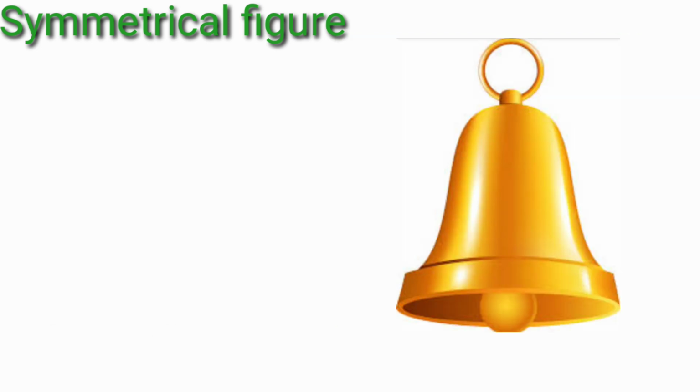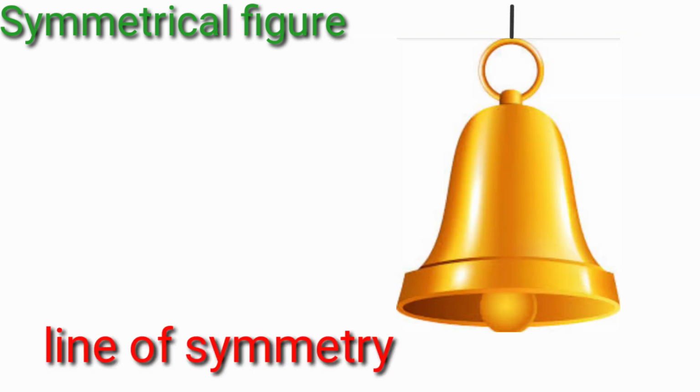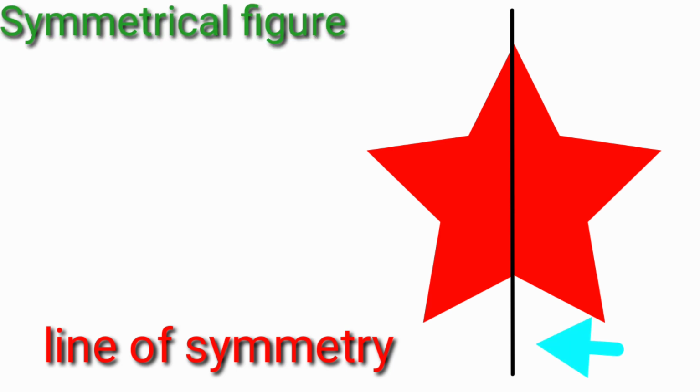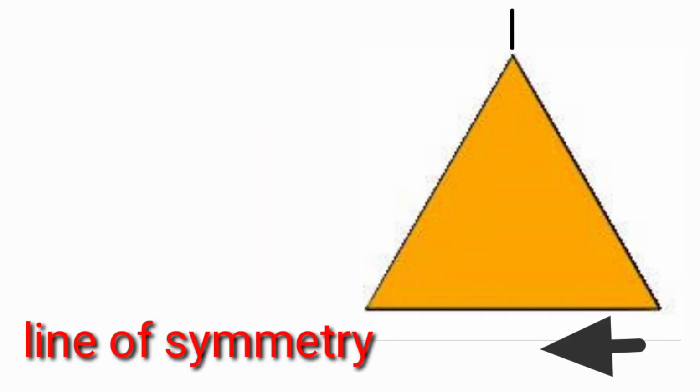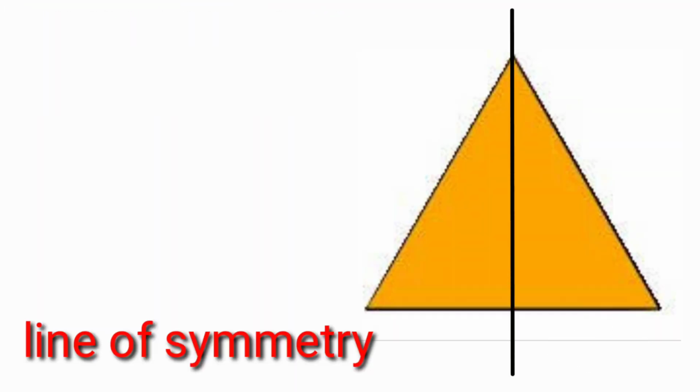Okay, let us see some more examples. We can fold it exactly halfway. Here we have a star. We can fold it exactly halfway. So this is a symmetrical image. Then, is it a symmetrical figure? Let us find it out by folding it halfway. Yes, if we fold it halfway, it completely covers the other half.